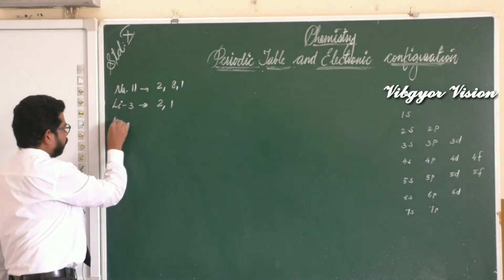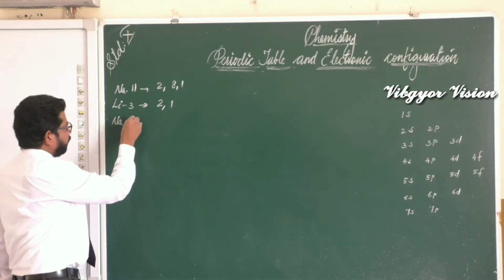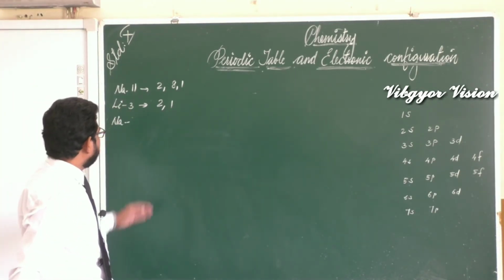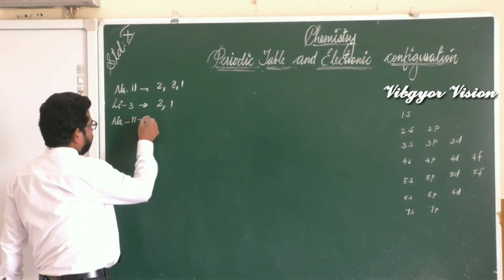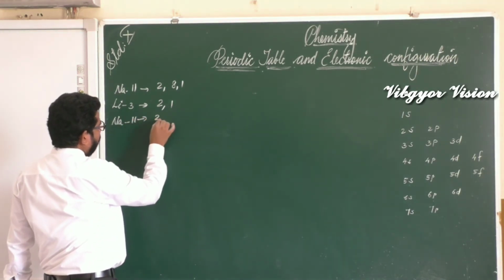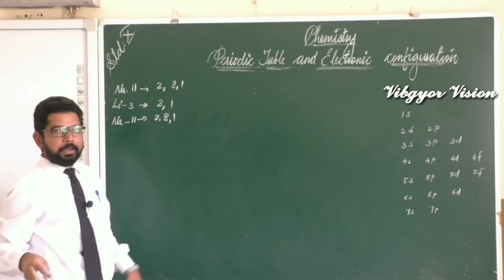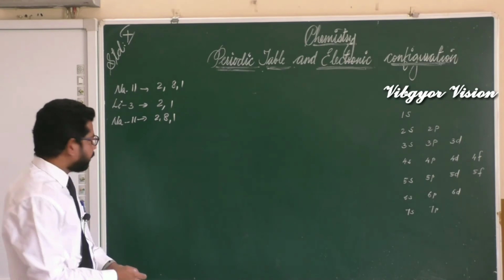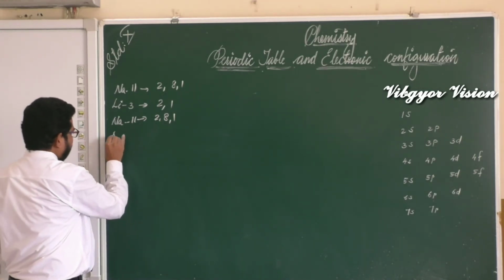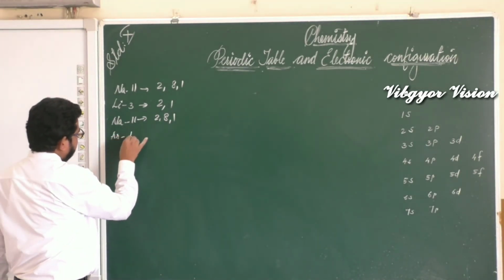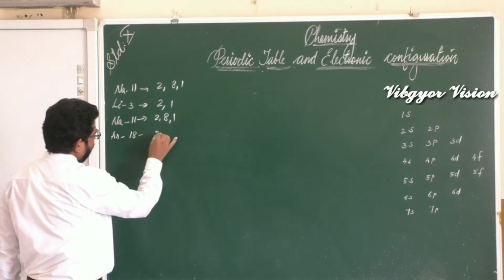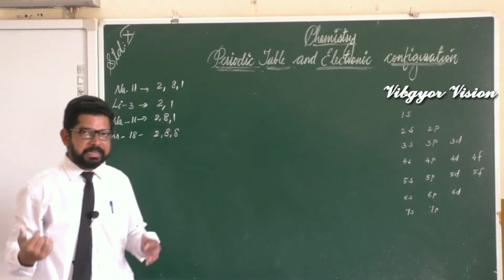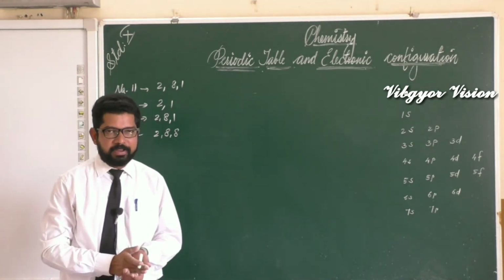Next, sodium: the atomic number of sodium is 11, so its configuration is 2, 8, 1. Now let's write the configuration of argon. Argon is an inert gas, its atomic number is 18, so its configuration is 2, 8, 8. Up to here it's okay, very easily we can write.